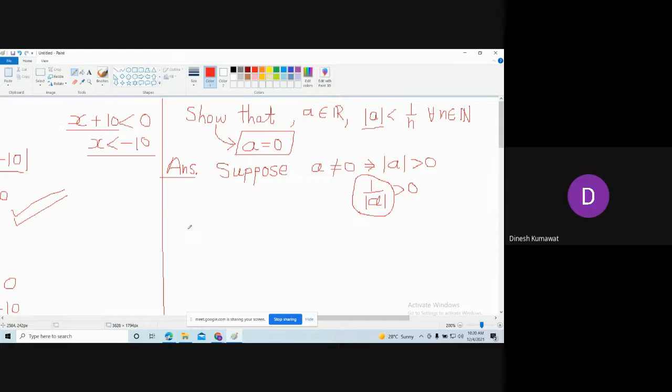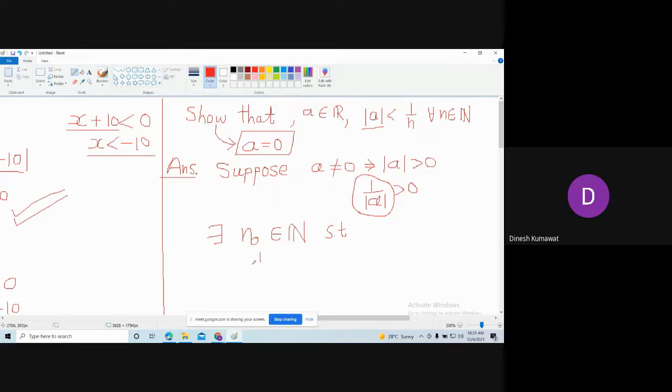Archimedean property. So if this is the real number, then we can always find a natural number, let me call that natural number as n naught, such that natural number is greater than real number.